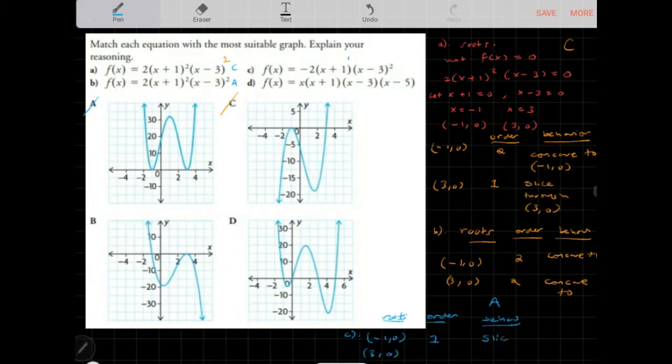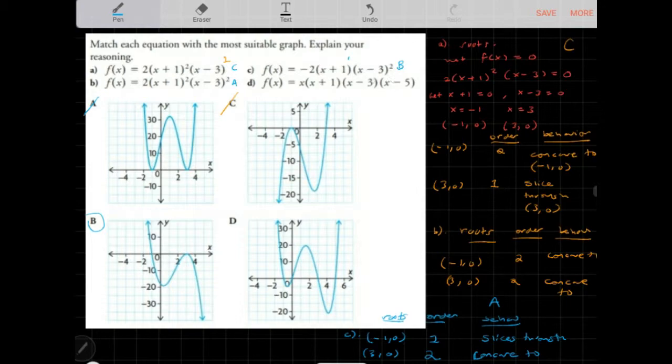So it just basically slices through, or passes through. Right, I like using slices through, it's easy to remember. And then 3, 0 here, the order here is 2, so it basically is concave to this point. So it's concave to 3, 0, but slices through negative 1, 0. Well, the only case that actually works out is B, right? So basically this guy, right?